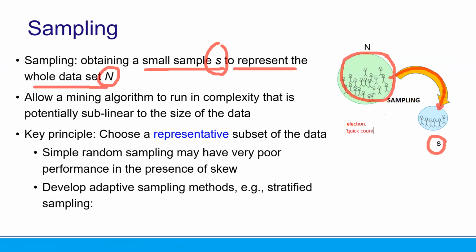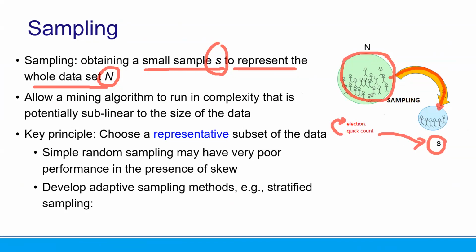What is the quick count? Just select only several people from a certain region, and then they calculate the possibility that one candidate wins and the possibility that one candidate loses. So the quick count is based on the sampling. They know how to do the proper sample, so the result of the quick count will be similar to the election.